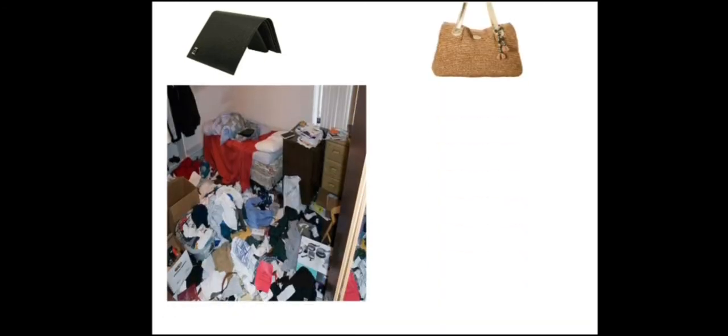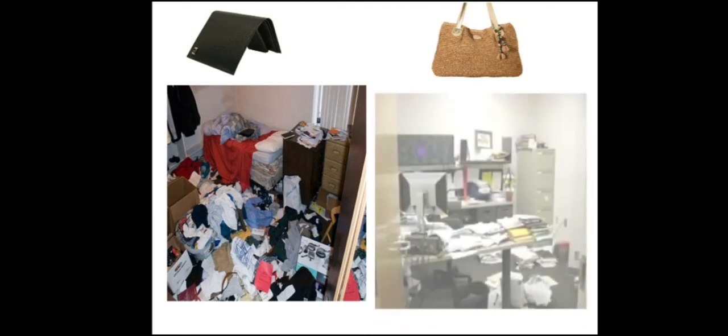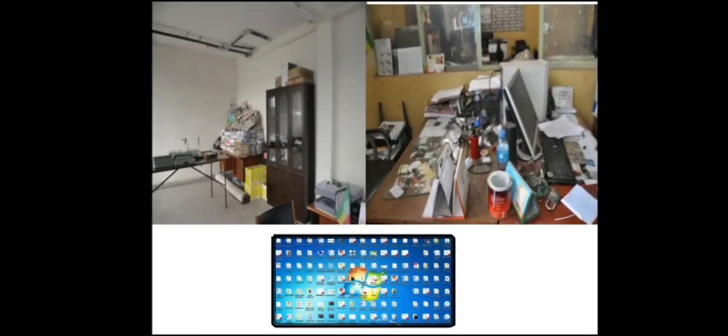So there are messes in our pockets, in our bags, in our home life, in our company, in our office, even in our laptops and computers and mobiles. We are unable to identify what is needed, what is not needed, and what is not needed now but will be needed in the future.